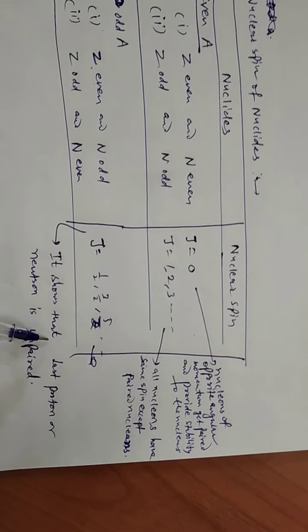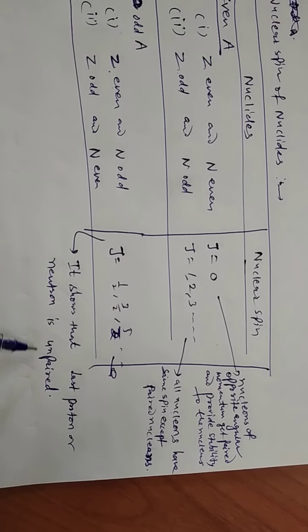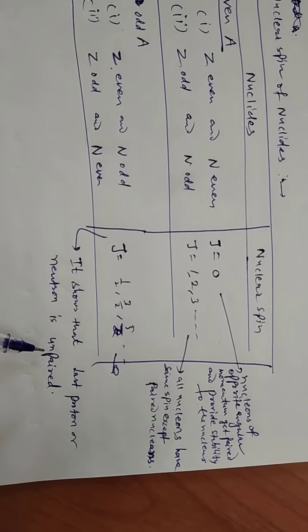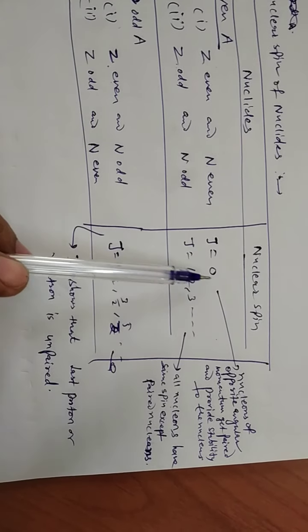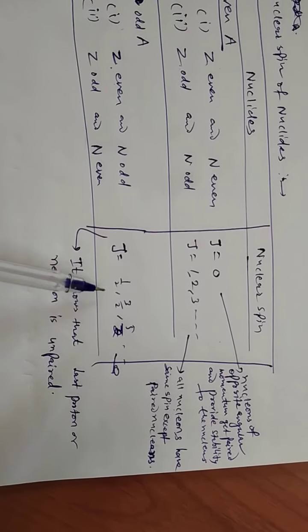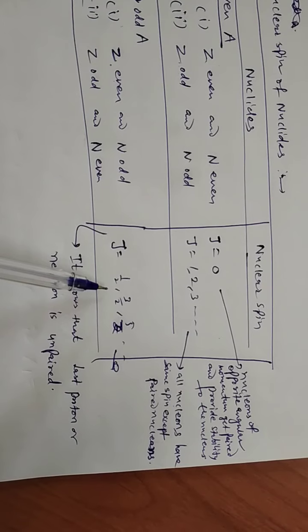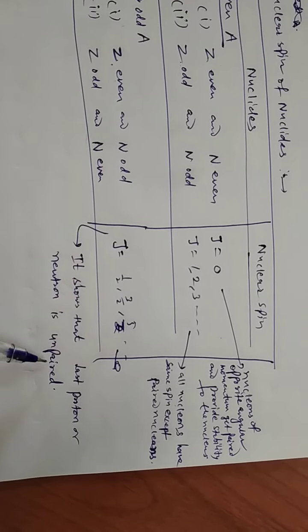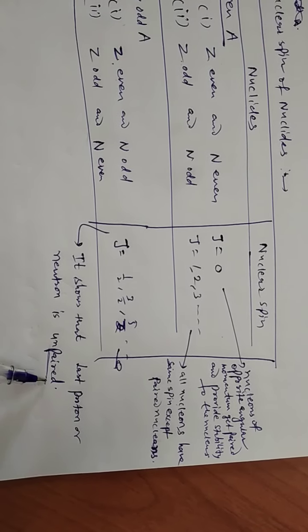It shows that the last proton or neutron is unpaired. If it is paired, then we get J equal to 0. If it is unpaired, then the effect of these 1/2, 3/2, 5/2 is the effect of the last unpaired nucleon.